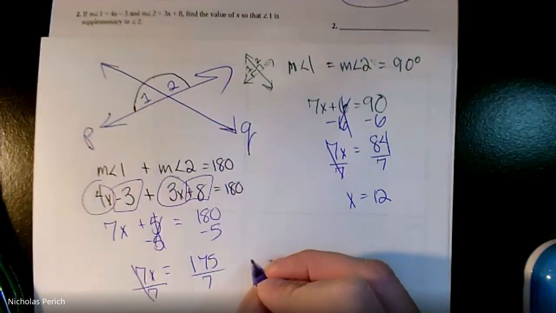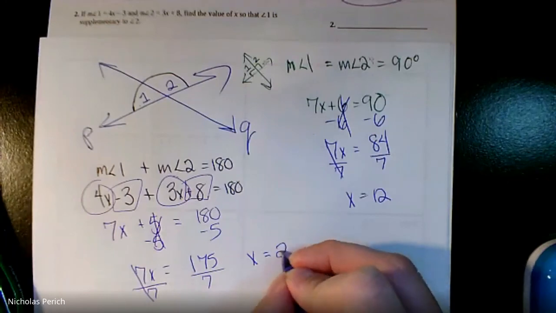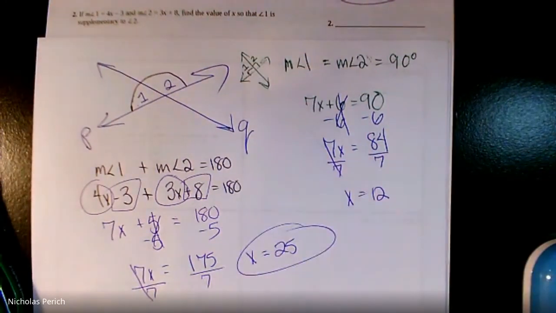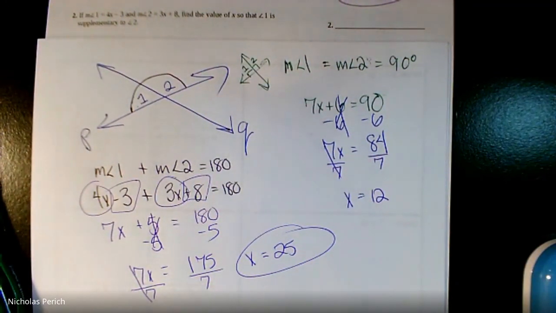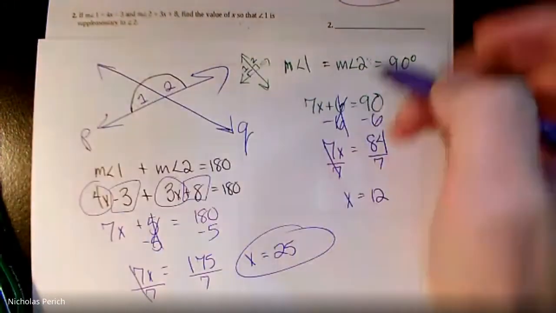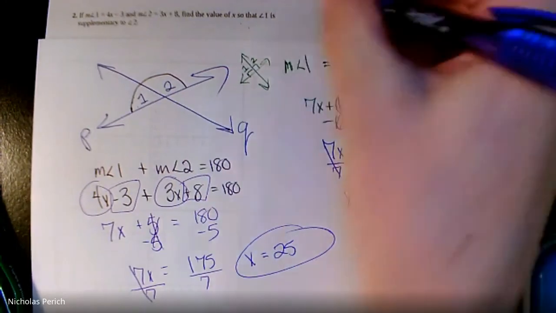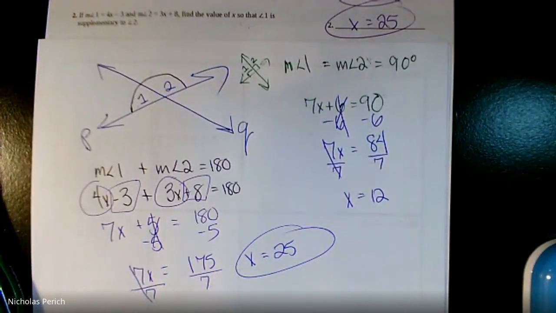And according to our good friends Athena and Camilla, x will equal 25. And I wholeheartedly agree. So all I had to do for problem 2 was find the value of x. I don't have to plug anything back in like we have done several times before. x is going to equal 25. Boom! Booyah!